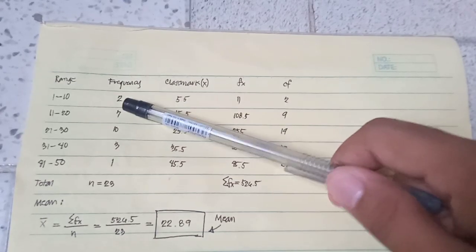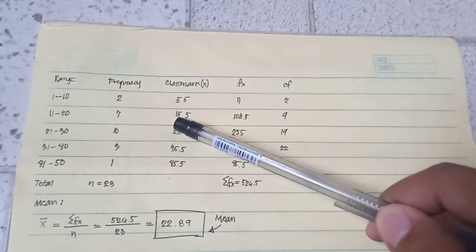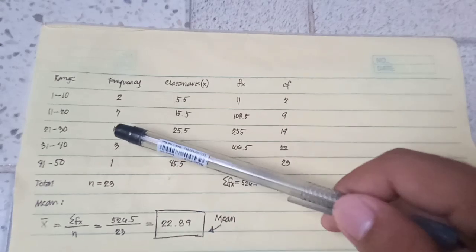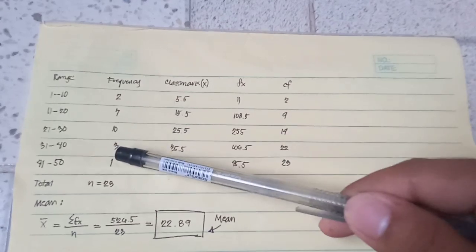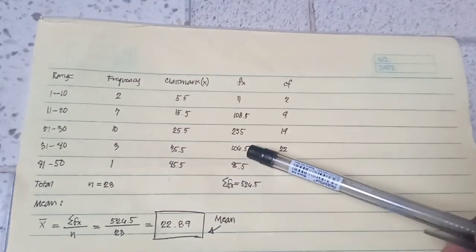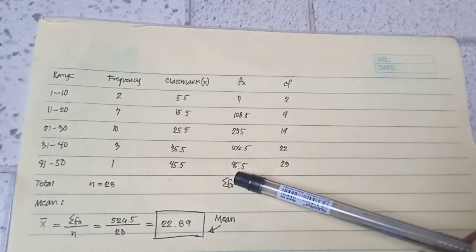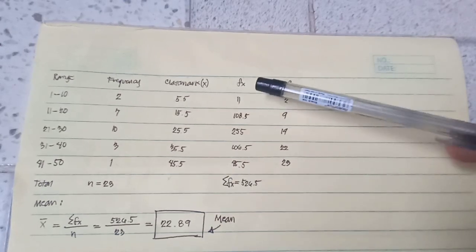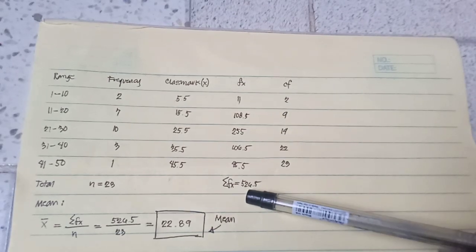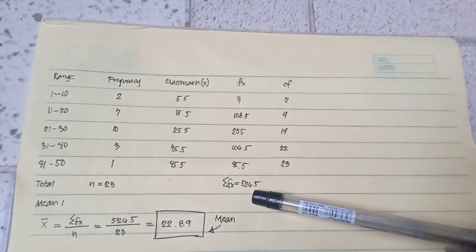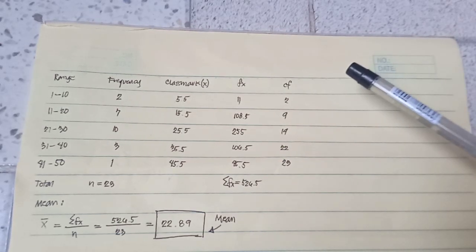So 2 times 5.5 is equal to 11. 7 times 15.5 is equal to 108.5. 10 times 25.5 is equal to 255. 3 times 35.5 is equal to 106.5. 1 times 45.5 is equal to 45.5. So the total of our frequency class mark, or our summation, is 226.5.